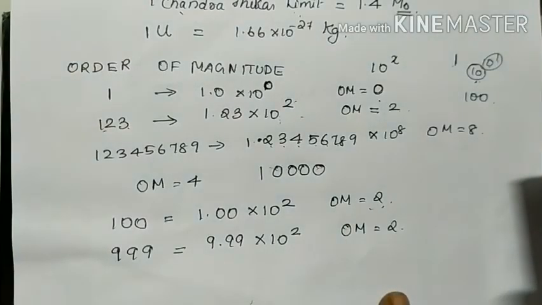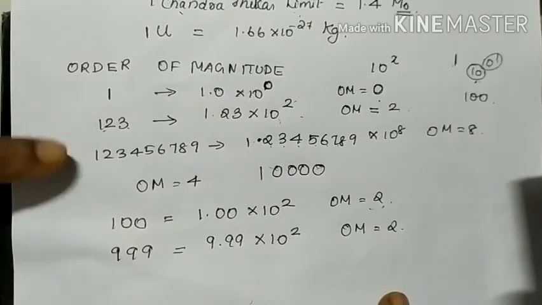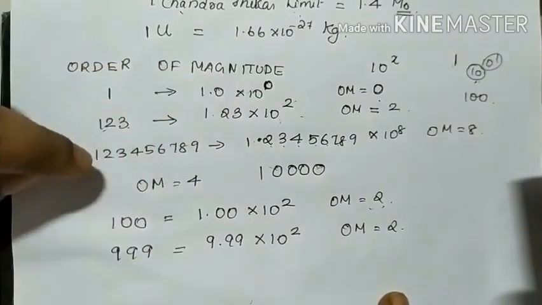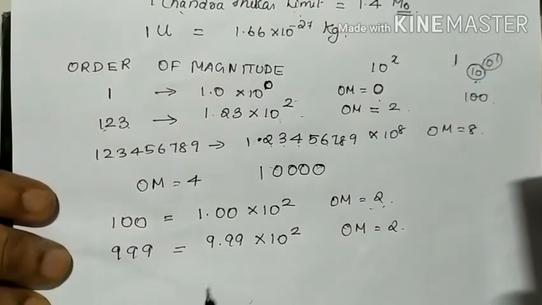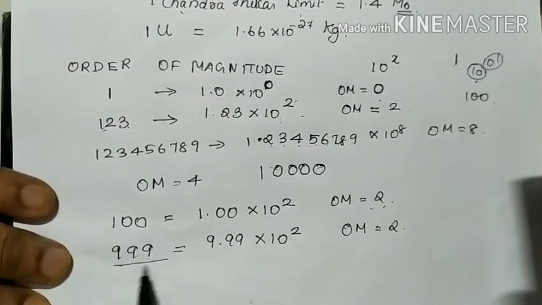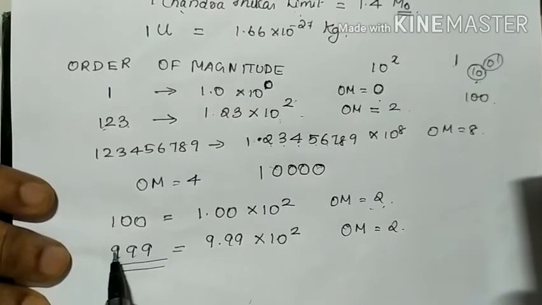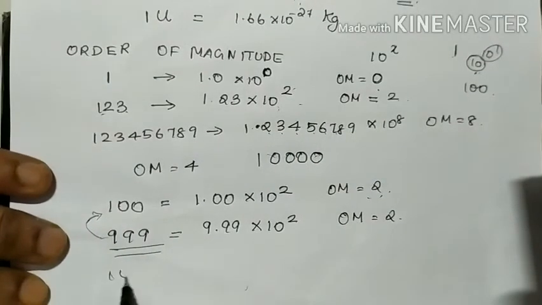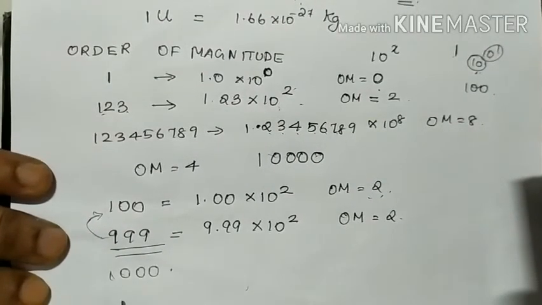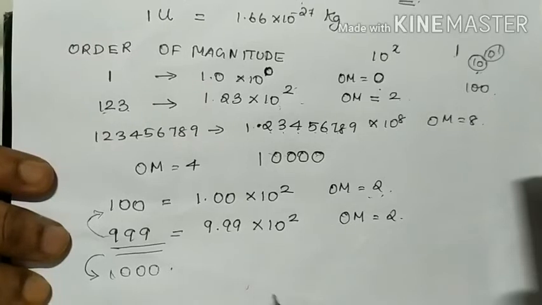Now the problem comes up. See, why we are learning order of magnitude is that it gives you an idea to which number the number you are having is close to. Now let me ask you a simple question. 999 is close to 100 or is it close to 1000? For me, it is close to 1000.